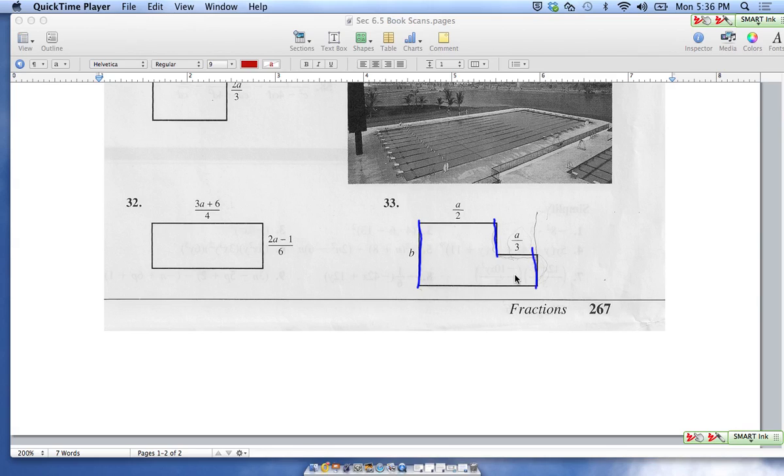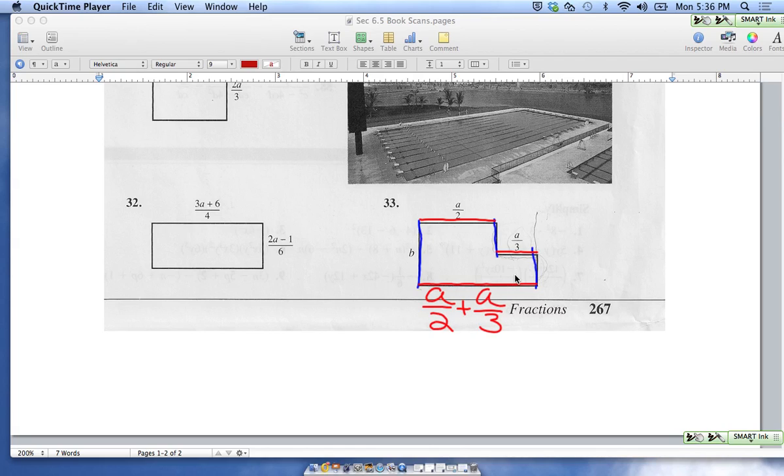And then placing these together, I have a over 2 as a horizontal dimension and a over 3 as a horizontal dimension. So that means the other red dimension would be a over 2 plus a over 3.